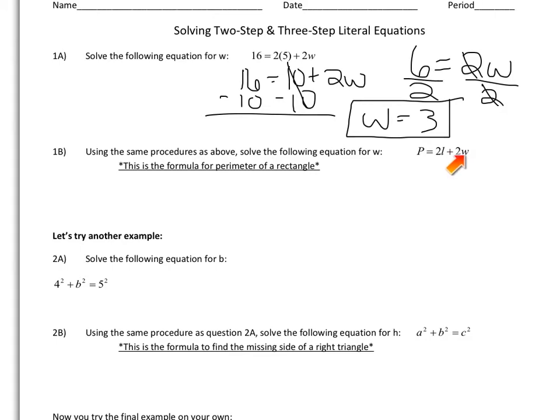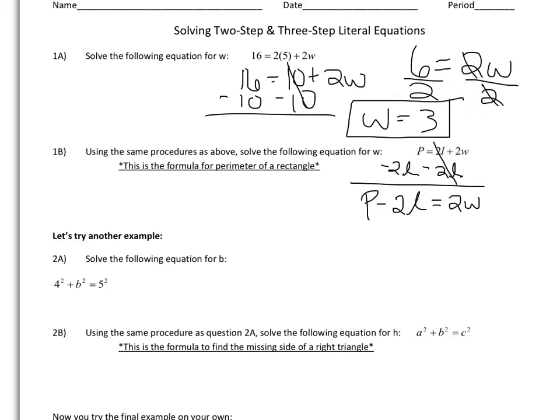So to solve for w, just like over here I subtracted 10 to start, I'm going to subtract 2l. So it would be p minus 2l is equal to 2w. And just like we did up here, we are going to divide by 2 to get w by itself.